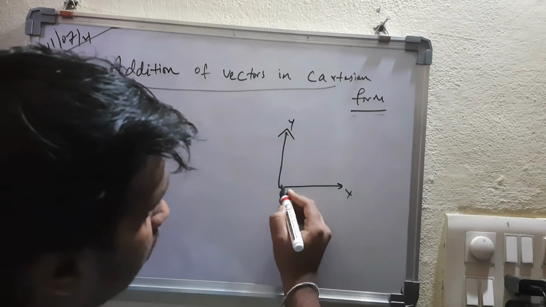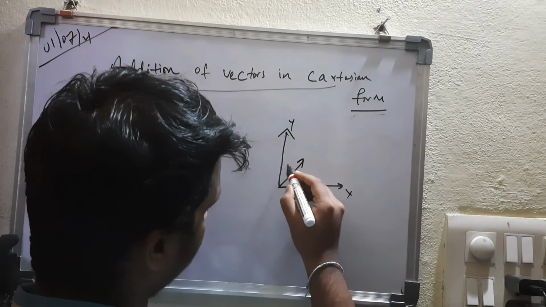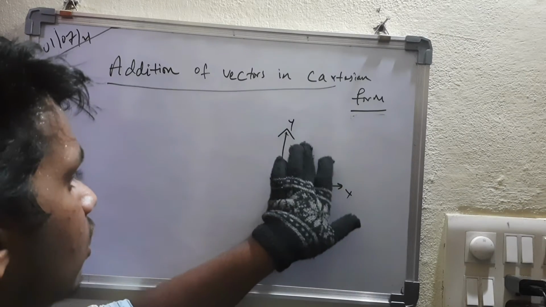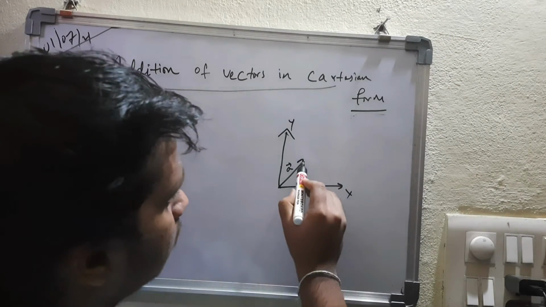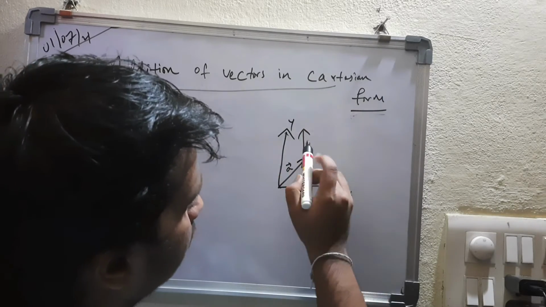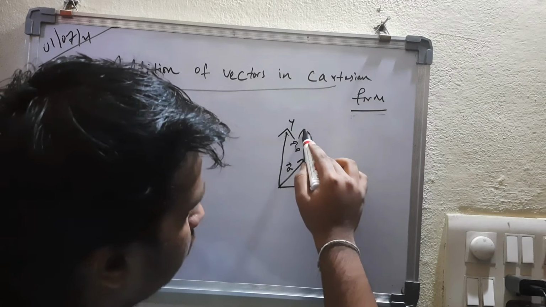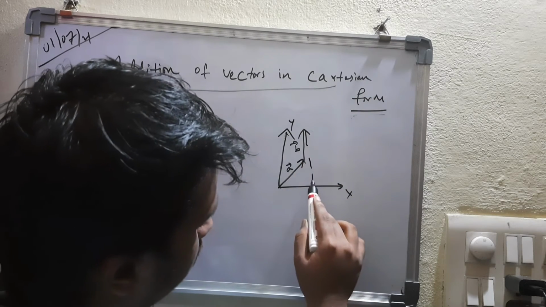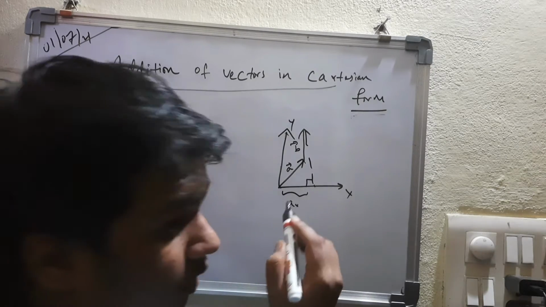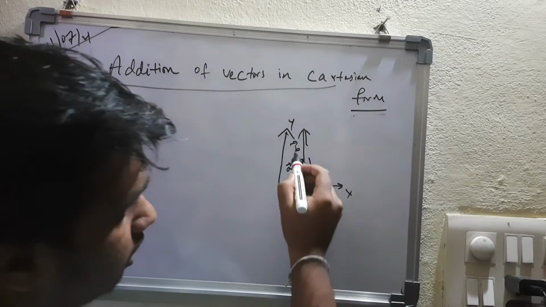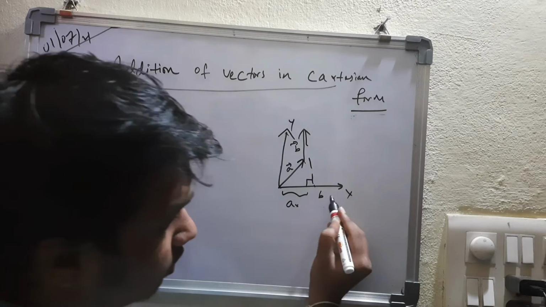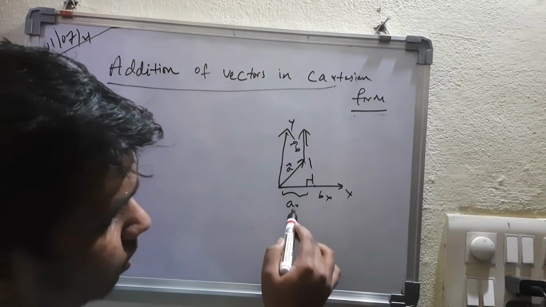Now this will be vector A and this will be vector B, sorry for the drawing. Now perpendiculars are drawn, and this distance will be ax with respect to the x axis for A, and bx for B.